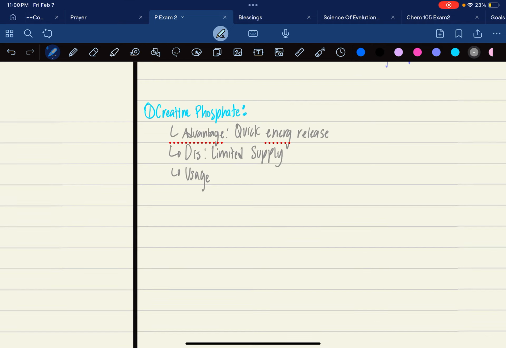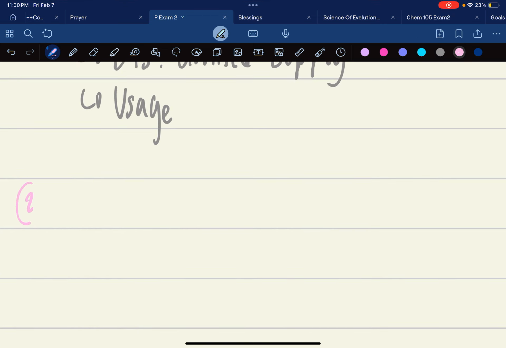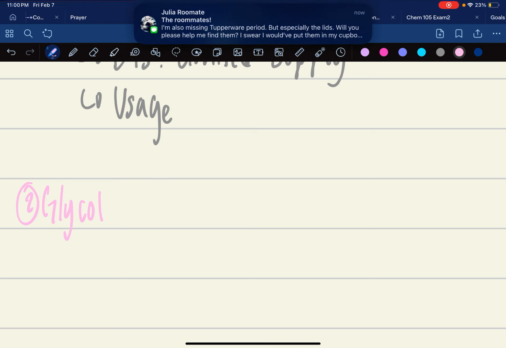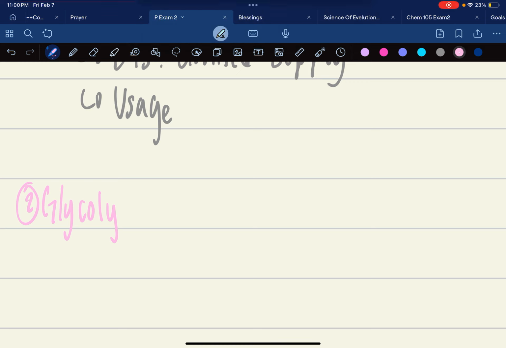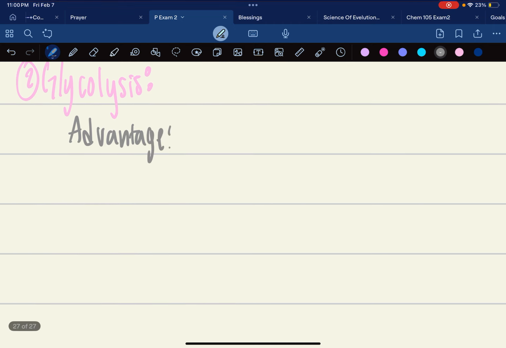And then the second one is glycolysis. So the advantage is it does not require oxygen.